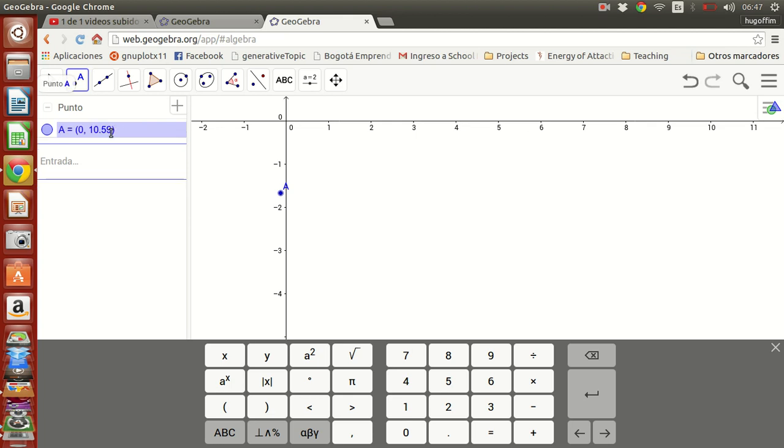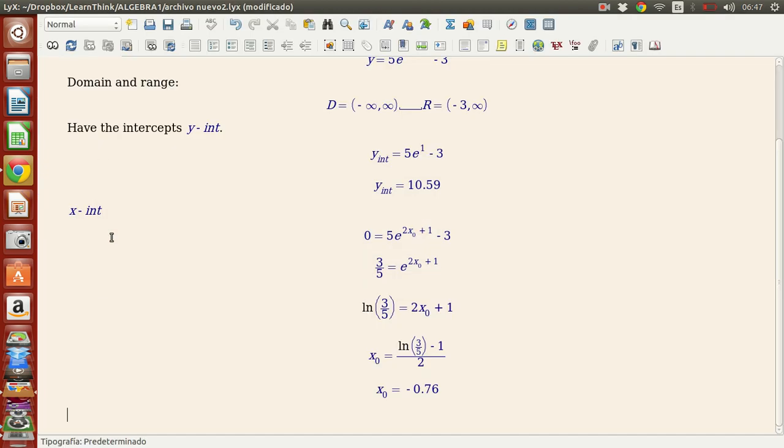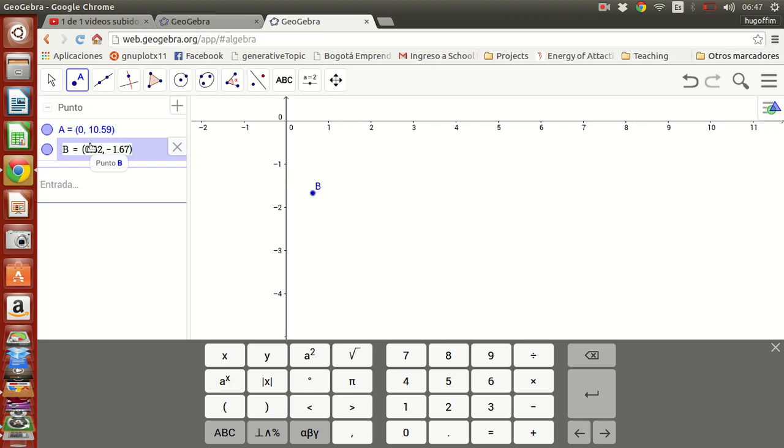And the x-intercept is minus 0.76 and 0.